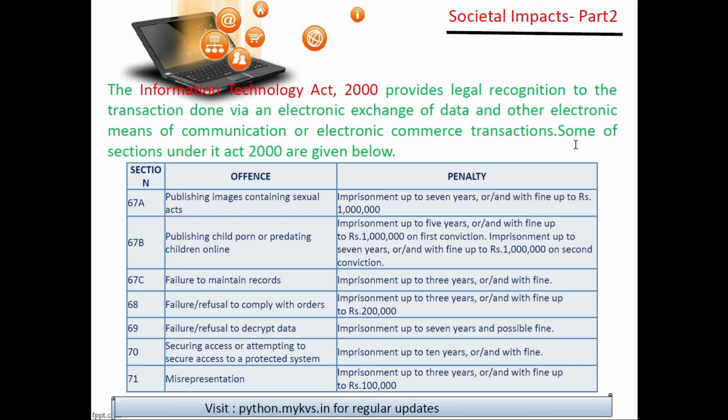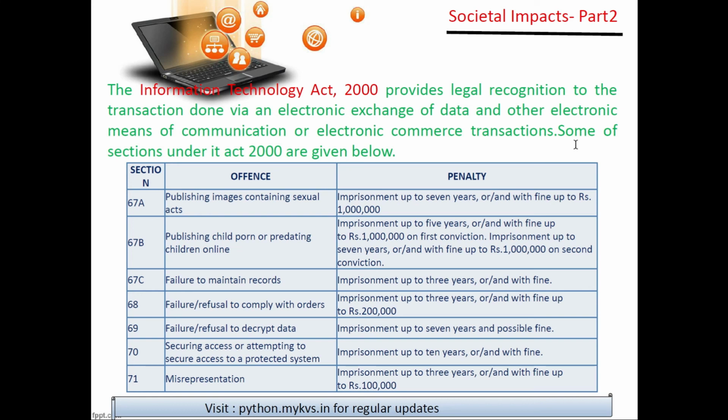Failure to maintain important records: imprisonment up to 3 years. Failure or refusal to comply with orders: 2 lakhs and imprisonment up to 3 years. Under 68 and 69, this is all the penal code. Failure or refusal to decrypt data: if someone is stealing or spoiling the data, imprisonment up to 7 years and a possible fine that will be decided by the court.